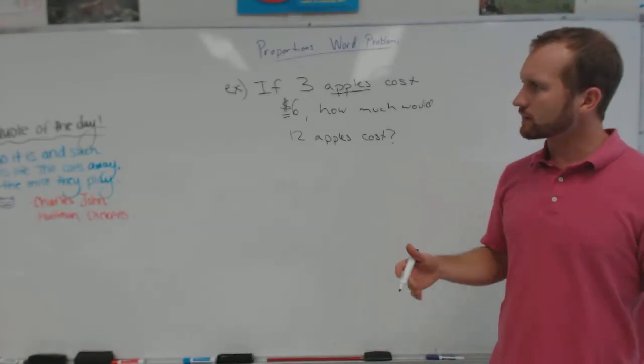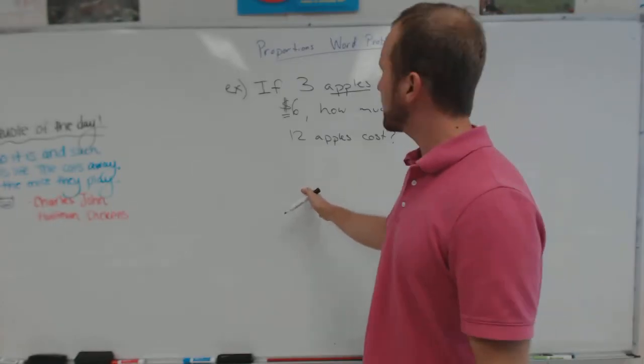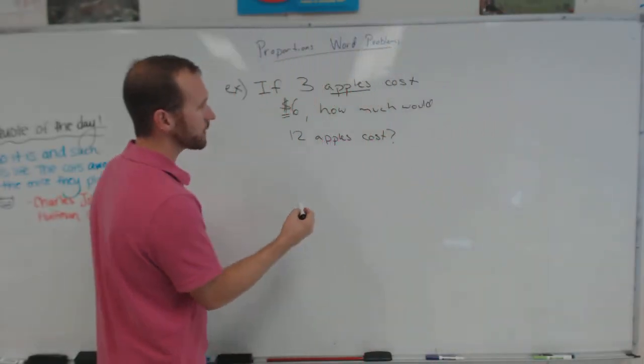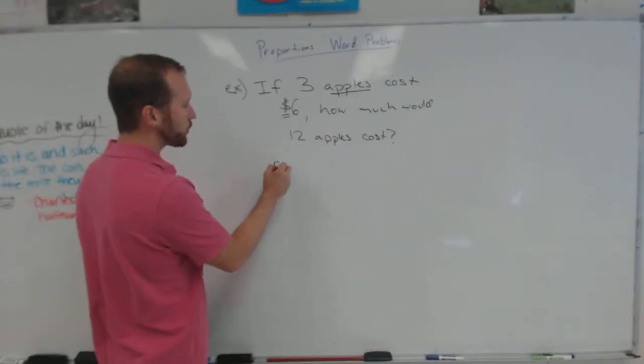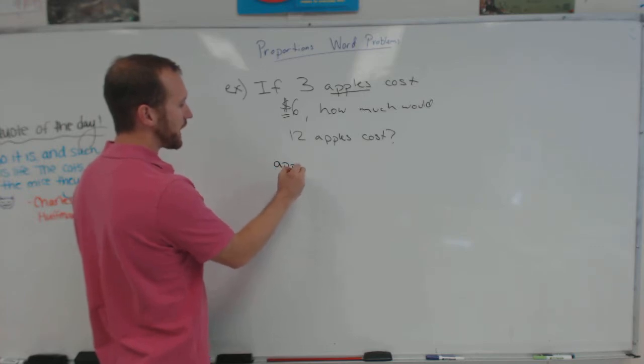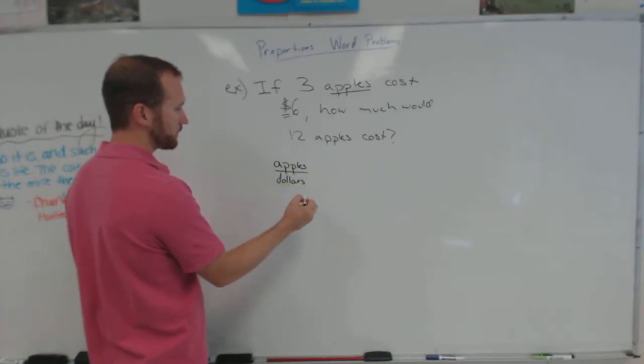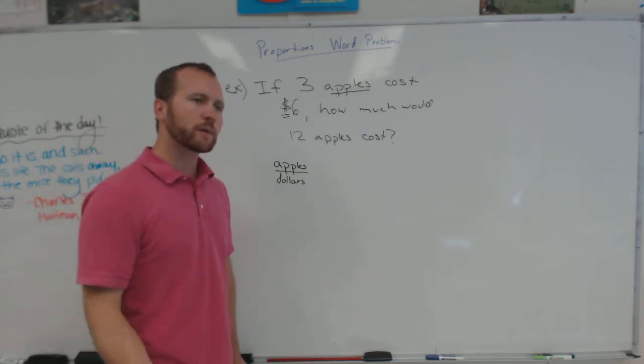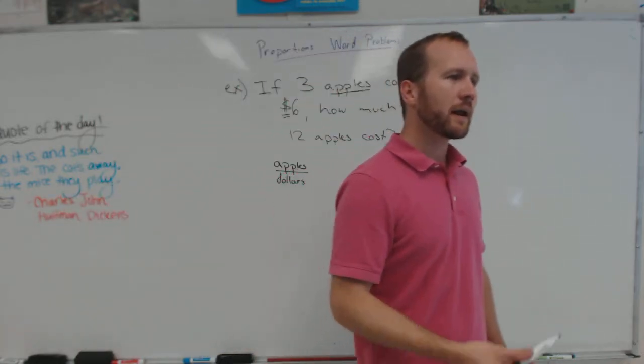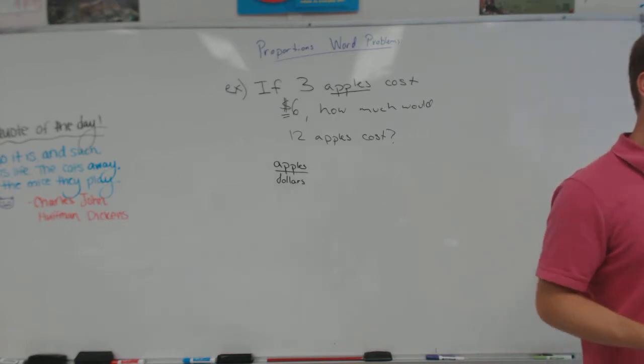Then what I like to do next, either in my head or on paper, I think about this. Okay, I'm going to make a proportion that shows apples to dollars. And in order for it to be a proportion, I'm going to have 2 different ratios.